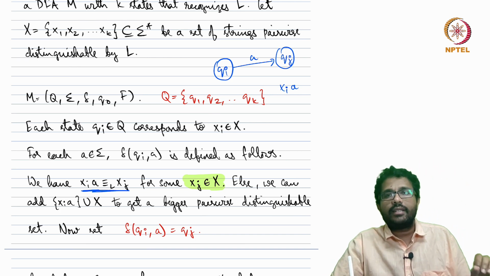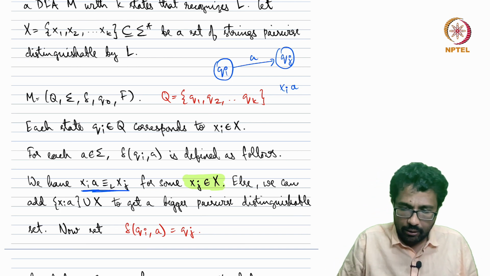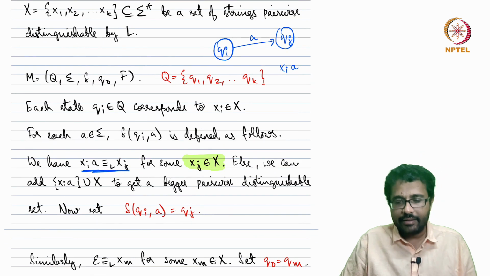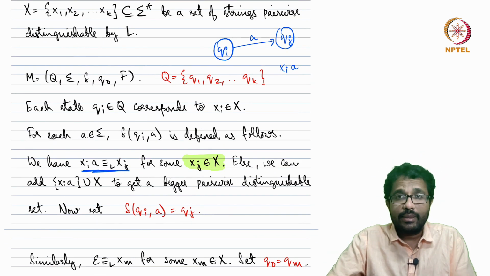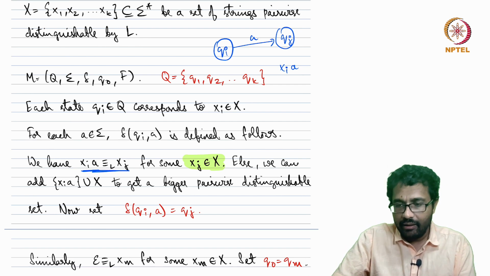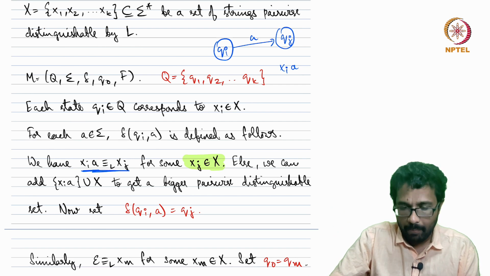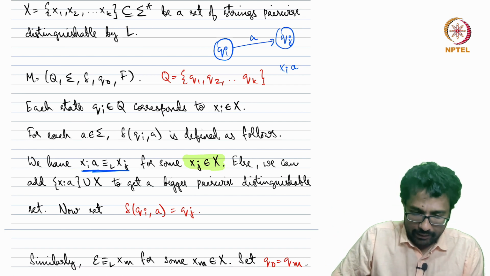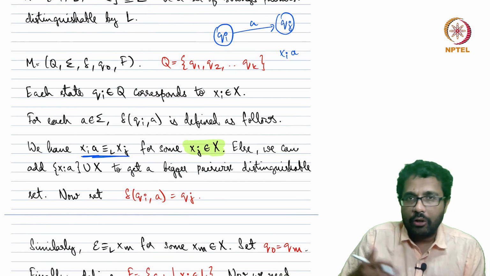We saw what is equivalent to xi followed by A. That is how we get the transitions. So for all the states Q1 to Qk and for all the symbols in the alphabet, A, B, C, or 0, 1, whatever it is, we do this to find where the arrow points. That gives you the transition. So I have defined the states Q, and I have defined the transitions delta; sigma is already known.